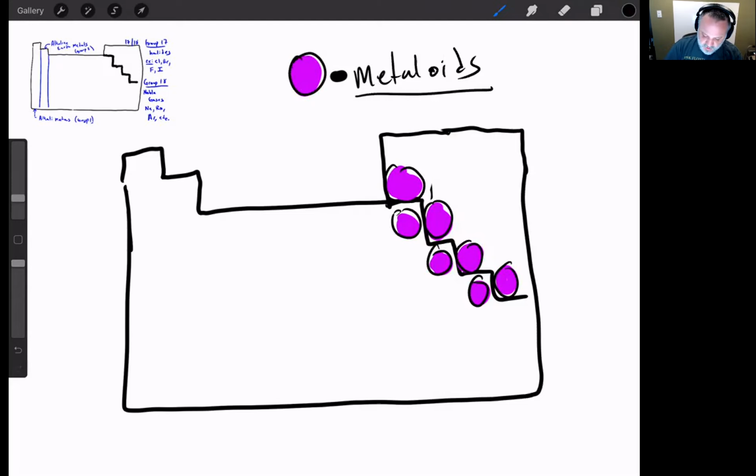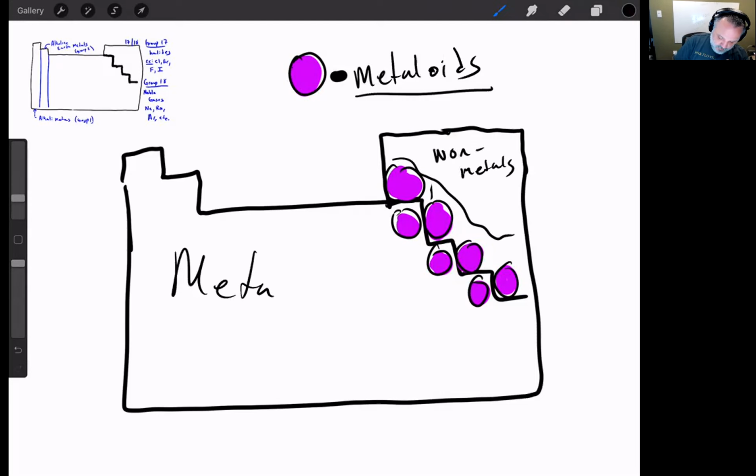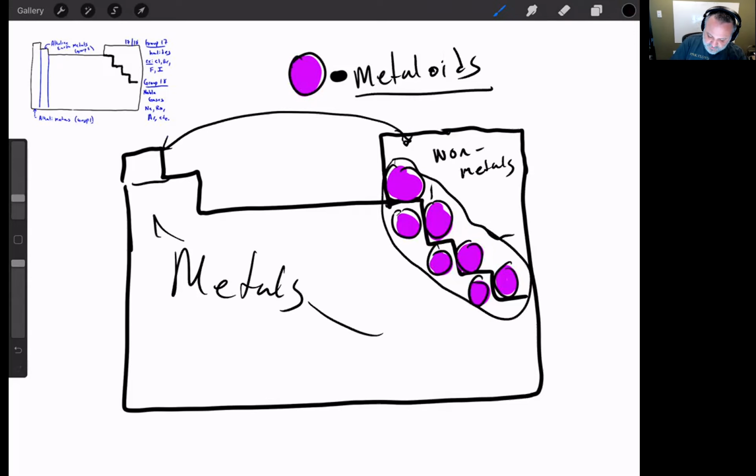So the nonmetals are over here. The metals are all over here. Don't forget to bring my hydrogen into my nonmetal game. And then this little subsection, those are the metalloids.